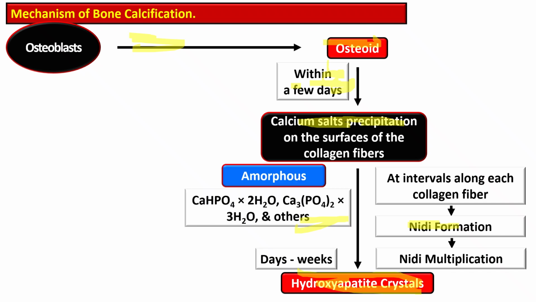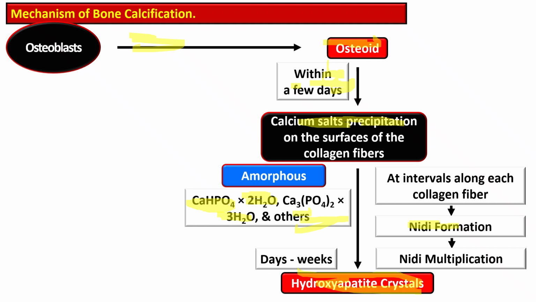The first deposits are amorphous calcium phosphate, such as calcium hydroxyphosphate plus 2 molecules of water, and Ca3PO4 with 3 water molecules, and many others.